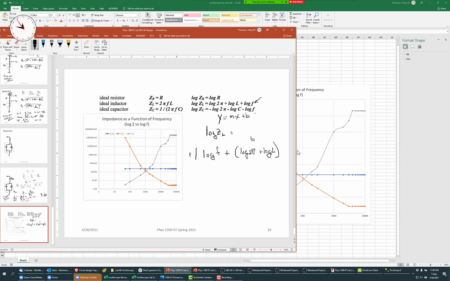And then if you look at the capacitor, log Z of the capacitor equals minus log of F. So that's a -1. And the y-intercept is minus log of 2 pi, which is a constant, minus log of C, which is also a constant in this graph because you're using the same capacitor every time, and earlier the same inductor.